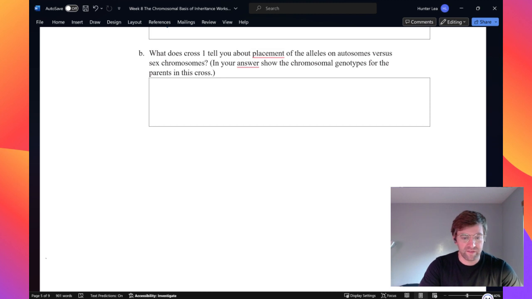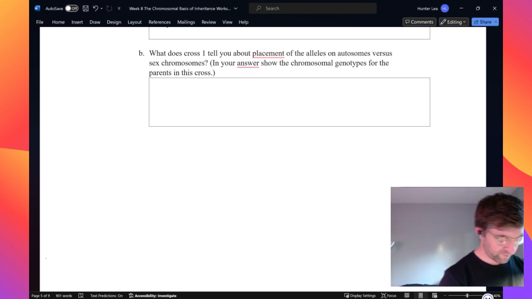So let's see. Because all the males and females are trifocal codominants, the monocle and the bifocal alleles must be autosomal.